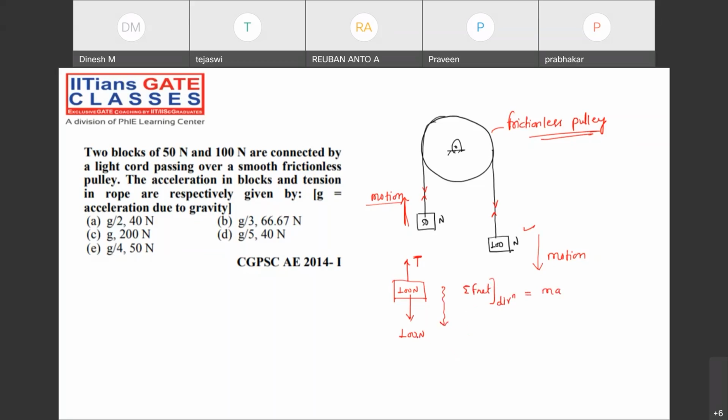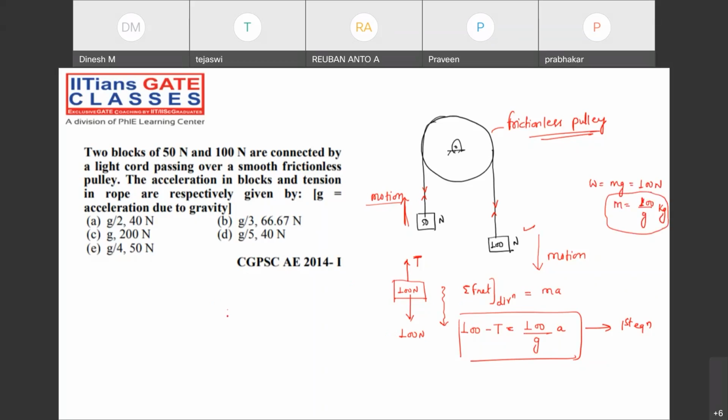Net force in the direction of motion, positive or negative? Positive. In the direction of motion, positive. T is in the opposite direction of motion, so negative, my dear friend. What about the mass? Weight is mg, and that has been given as 100 Newton. If you want to calculate mass, you can just calculate 100 divided by g, in kg, my dear friend. That is the first equation.